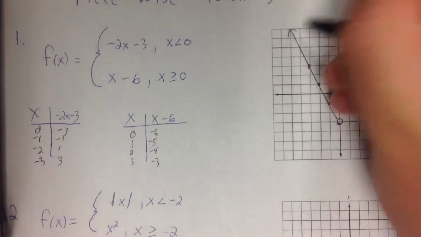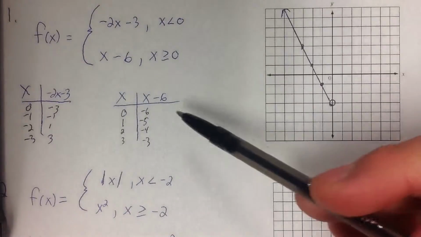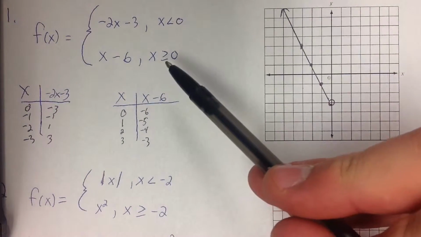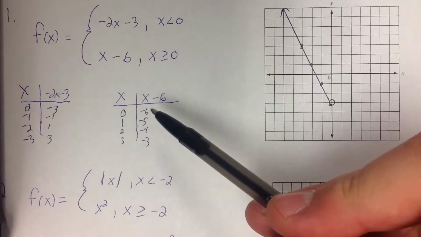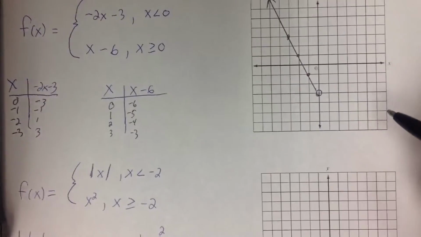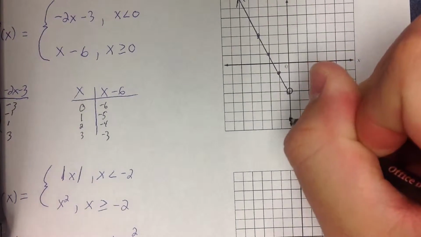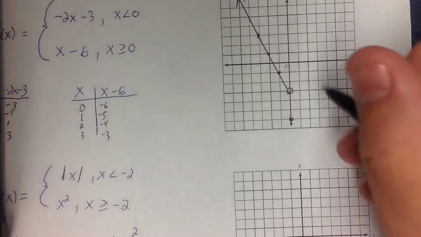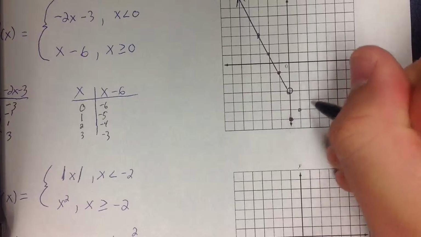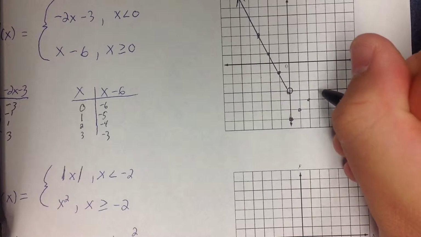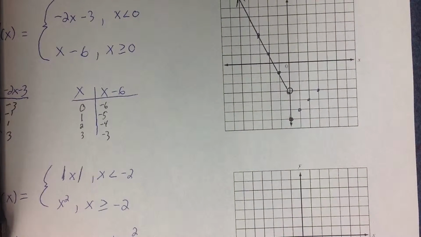And then my second part of this function, I'm going to use this graph, and since it's equal to here, at the point where 0 is, I'm going to put a closed circle. So 0, negative 6 is going to be a closed circle. Then I've got 1, negative 5, 2, negative 4, and 3, negative 3, and then I draw that part of the graph.